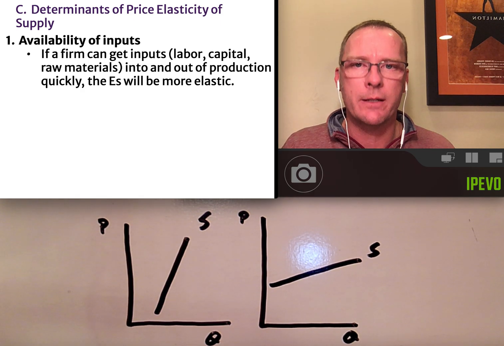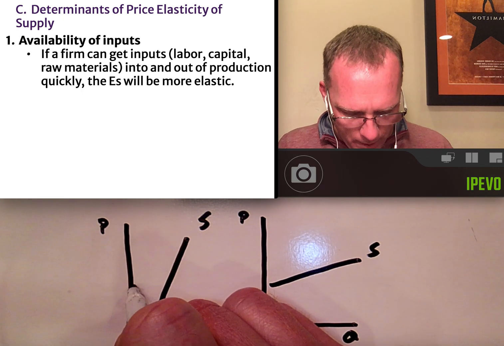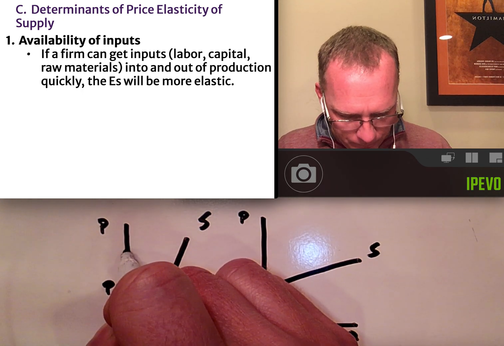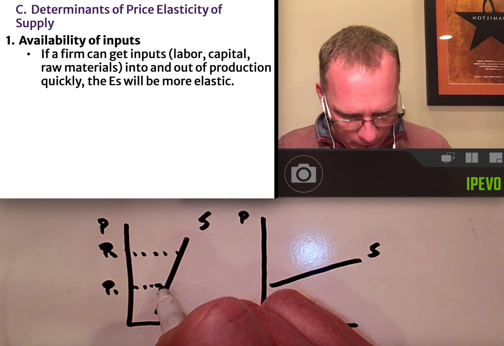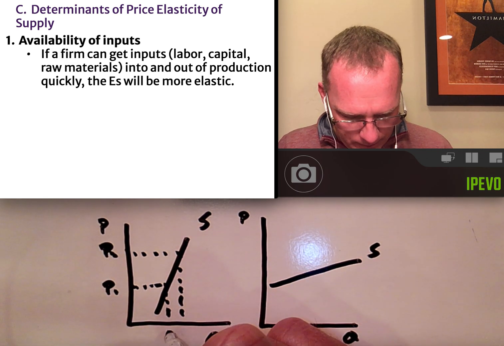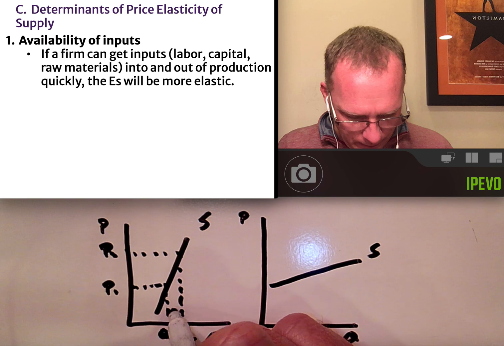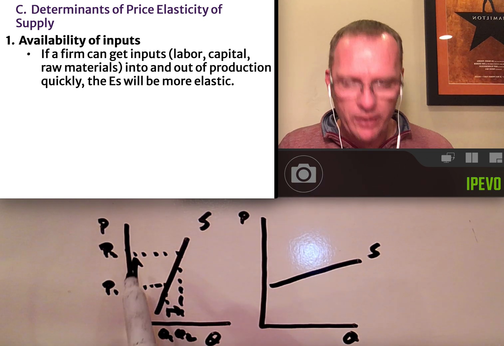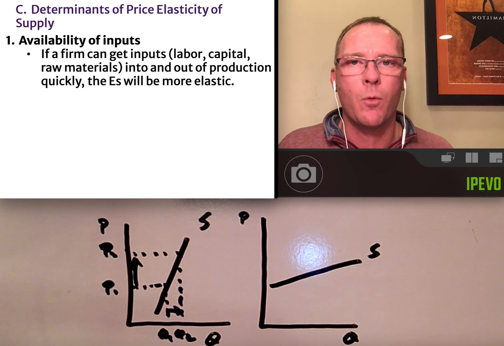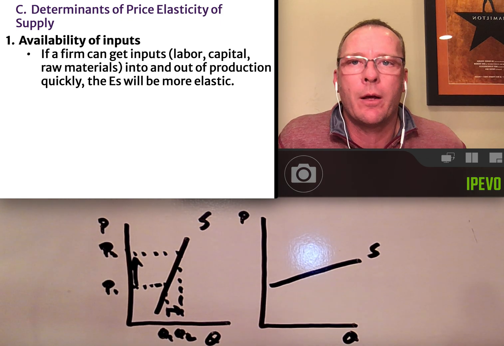If it's hard to get that input, no matter what price you could get for your good, if you can't get the input, it doesn't matter. You could see a huge change in price. You're not going to produce any more quantity because you can't get the input.